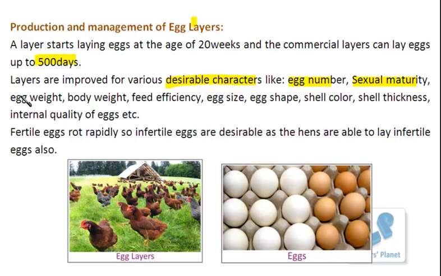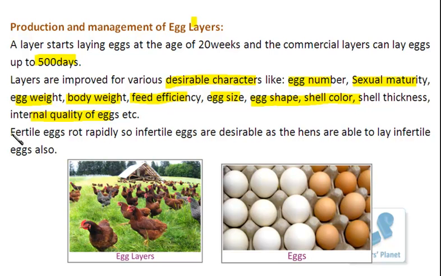Besides this, the other features are egg weight, body weight, feed efficiency, egg size, egg shape, shell color, shell thickness, and internal quality of the eggs. All these points are considered while selecting the particular type of layer for commercial purposes.